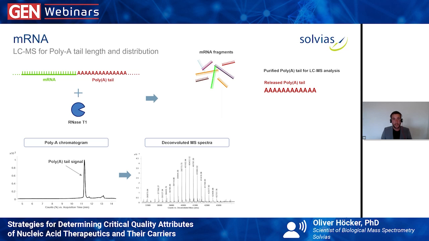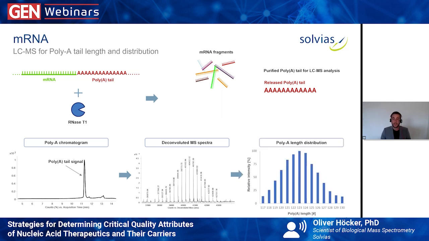Each of these peaks has a mass, and with this we can recalculate the poly-A tail lengths. So here in this case, from 117 to 130 adenosines length, and with intensity we know also the species that was the most abundant here, in this case 123 adenosines length.